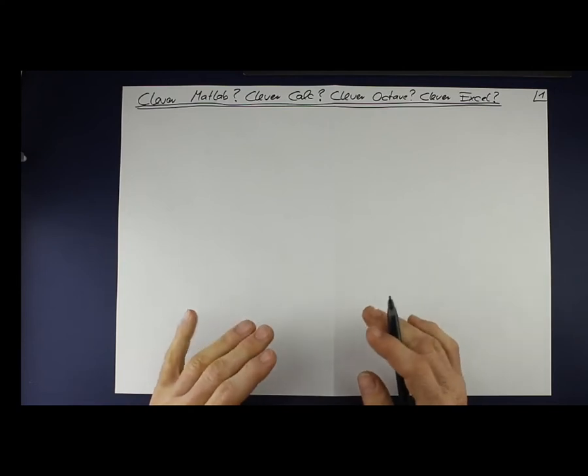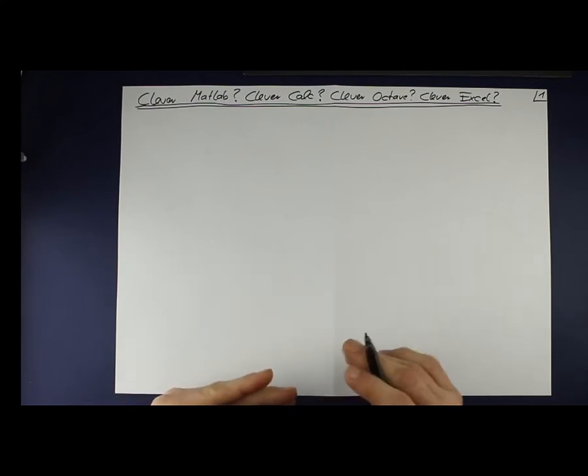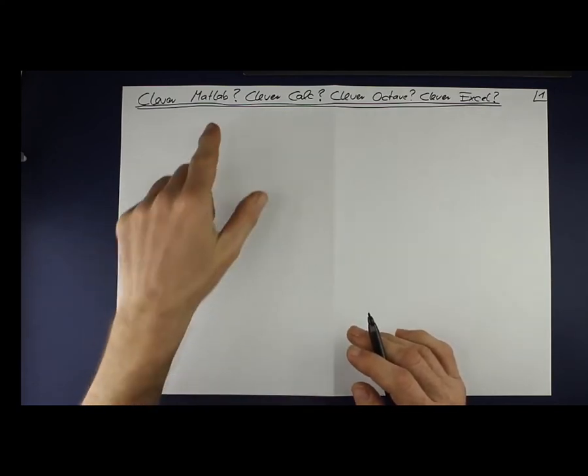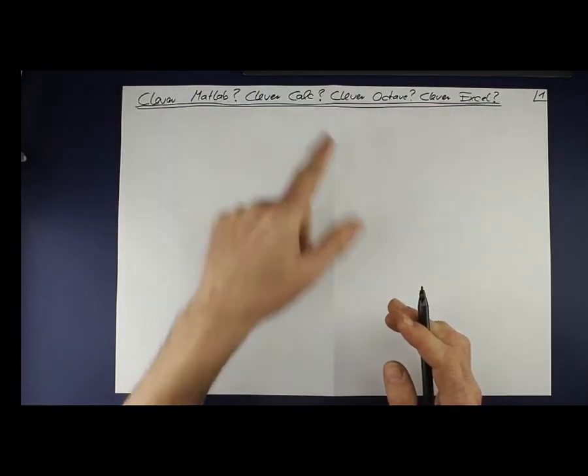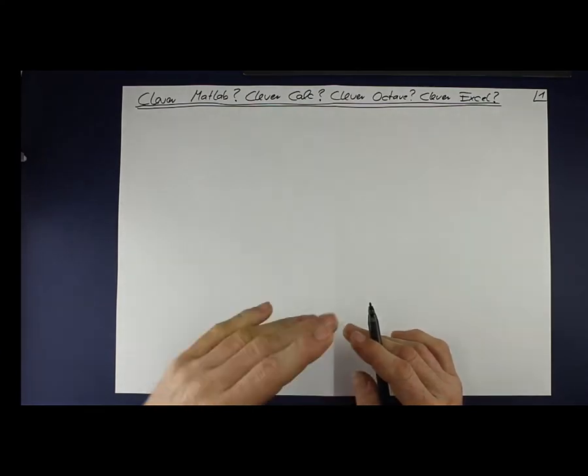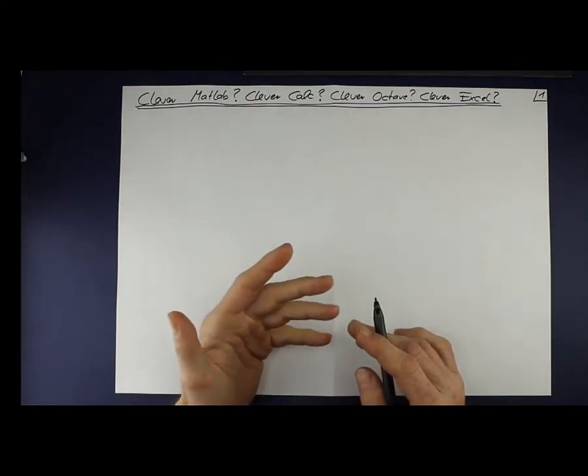Now we want to talk about some effects you can see using programs like Matlab, Octave, Excel, or Calc. They are also using floating point numbers.